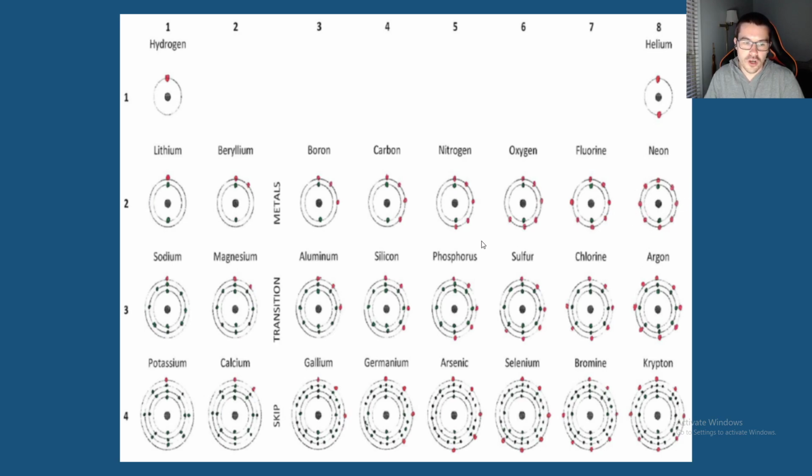So that new electron would have to go into the third energy level, which is pretty far away compared to the other energy levels. And so that electron is not going to feel a very strong attractive force to the nucleus, and it ends up being sort of an unfavorable process. You'd have to put energy in order for that electron to go into that atom.